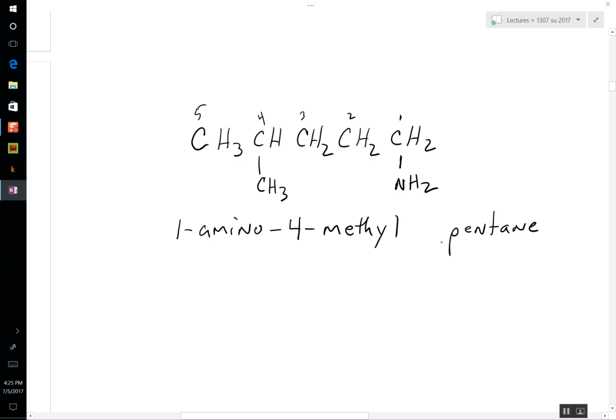And I don't need a number here because I've just told you where that amino group is. So I don't need a number in front of pentane. I said it's 1-amino-4-methylpentane.